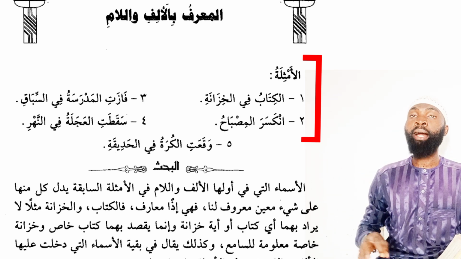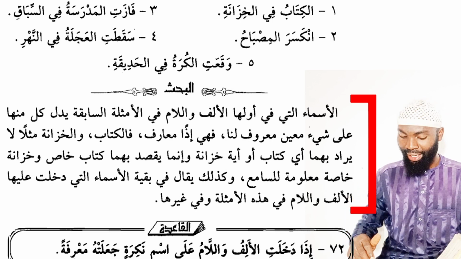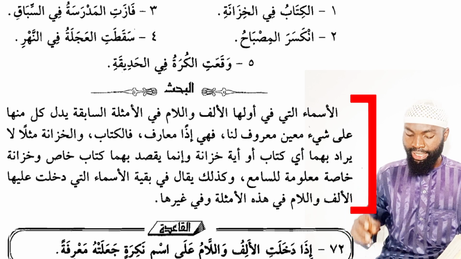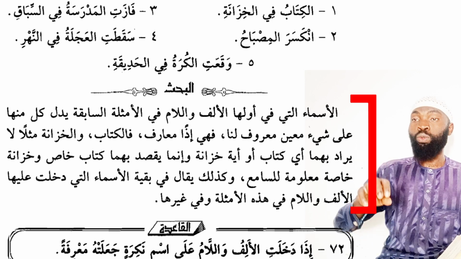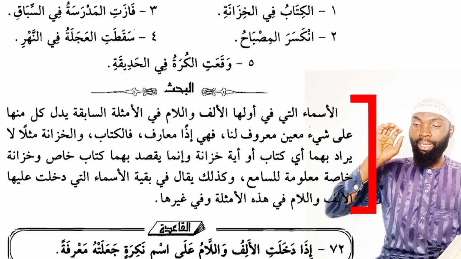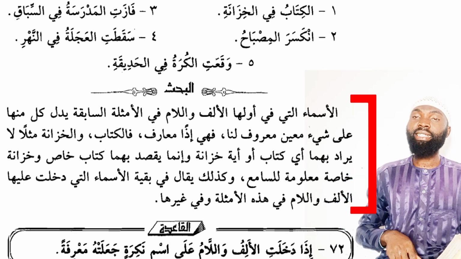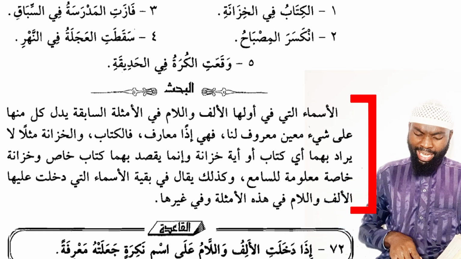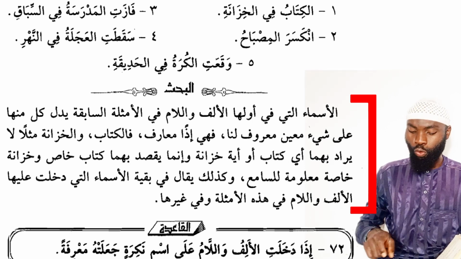Now we have al-bahthu, which is research and detailed explanation of this topic. We have al-asma'u allati fi awwaliha al-alif wal-lam. He's saying that all the nouns we saw in the examples that have alif and lam at the beginning, fil amthilati sabiqa, in the previous examples, yadullu kullun minha ala shay'in muayyanin ma'rufin.